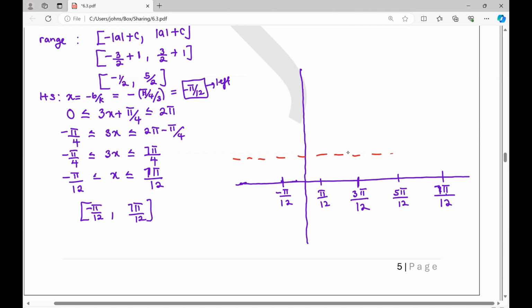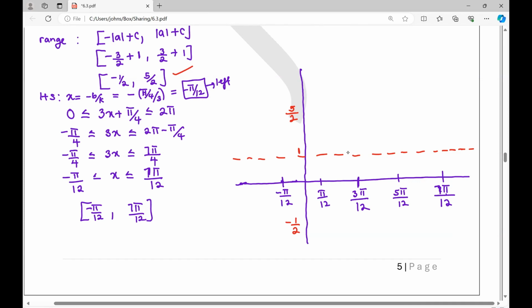So this is the line y equals 1, this is our baseline. And what is the minimum value? Remember the range is this. The maximum value of y is going to be 5 over 2, and the minimum value of y is minus 1 over 2. So this is what we're going to use.